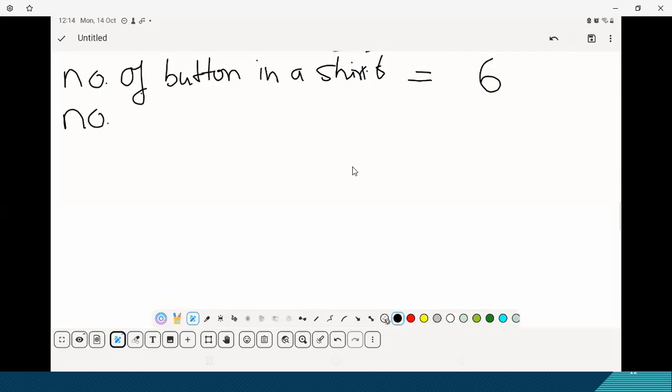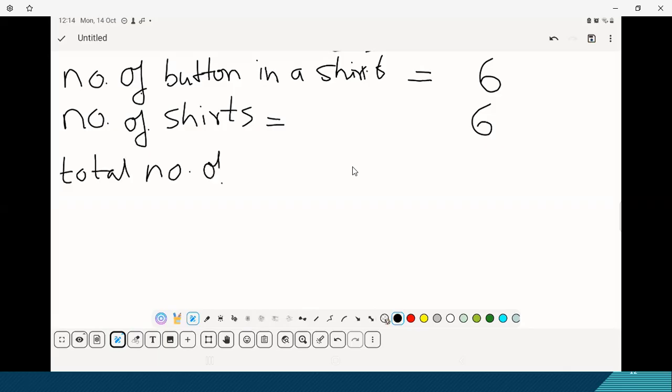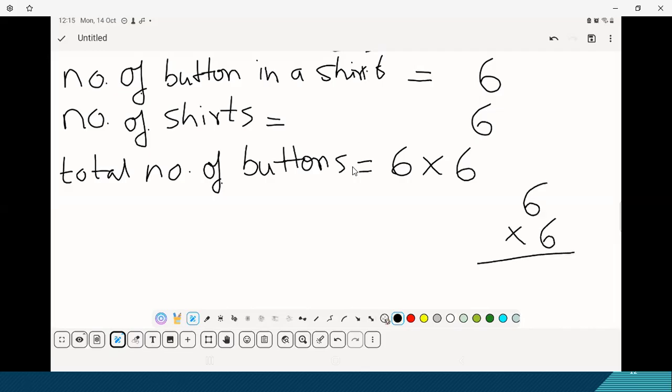Number of shirts is 6. So the total number of buttons will be 6 multiplied by 6. That is from the multiplication table, which you have to use, and it will be 36. The total number of buttons is 36. That will be the answer.